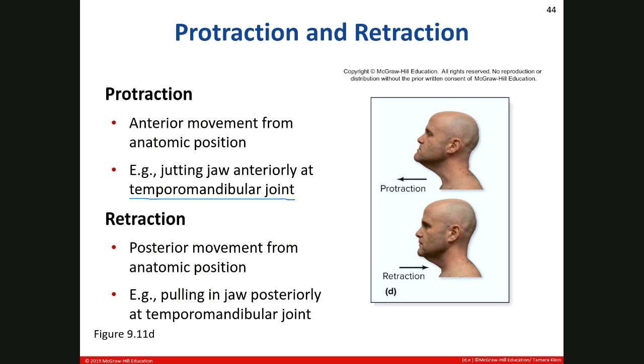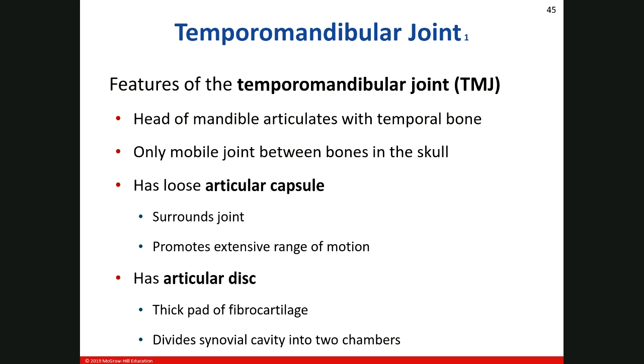Speaking of TMJ, how about the temporomandibular joint? Let's talk about that for a moment. A couple things that you should know about the temporomandibular joint. One, it is the only mobile joint in the skull. Most of those other joints that we've talked about are sutural joints. There's not a lot of motion there.